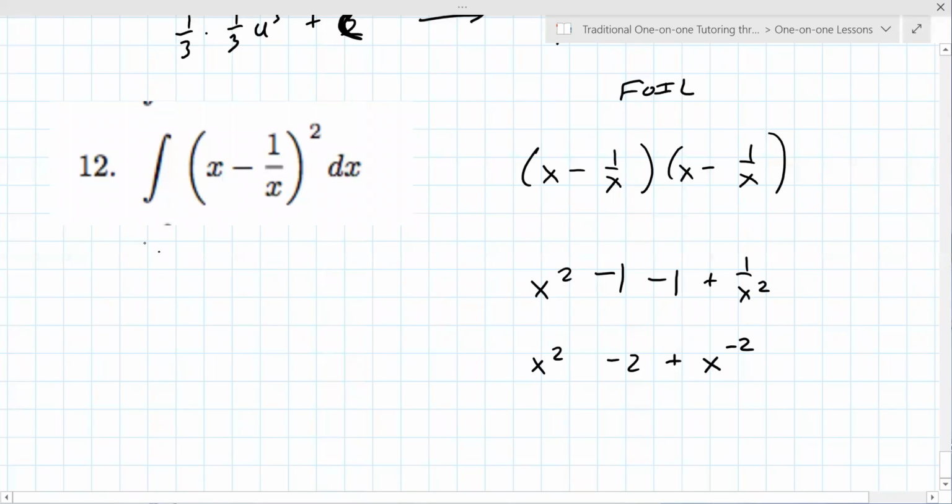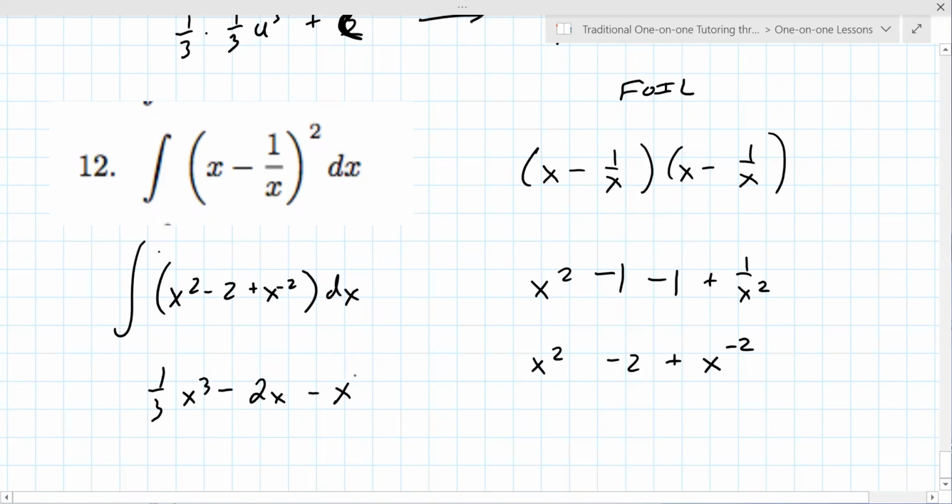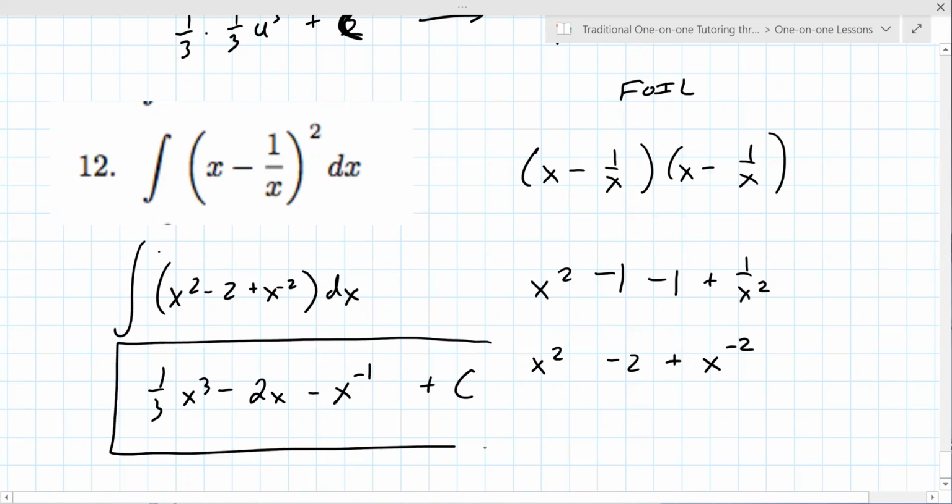So you're integrating x squared minus 2 plus x to the -2 dx: 1/3 x cubed minus 2x minus x to the -1 plus c.